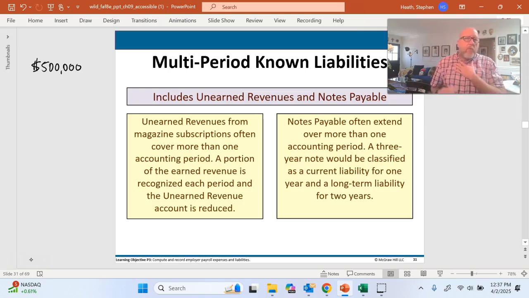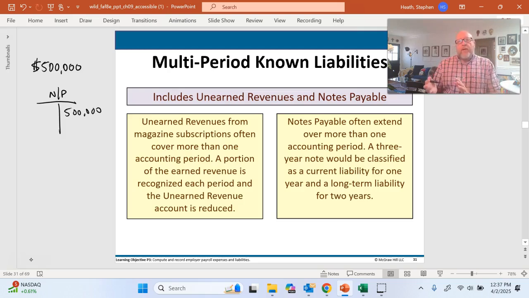So every year I will pay $100,000. Okay. The day that I receive this 500, I'm going to create a liability that is what we call notes payable, and we'll put $500,000 in there as a credit.